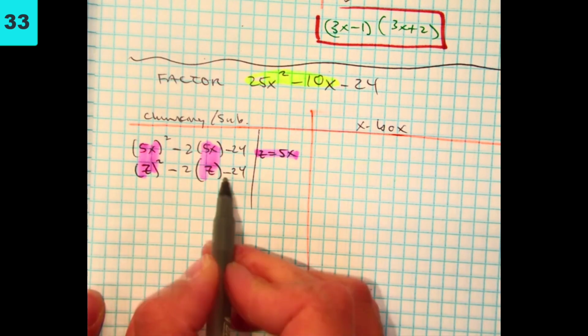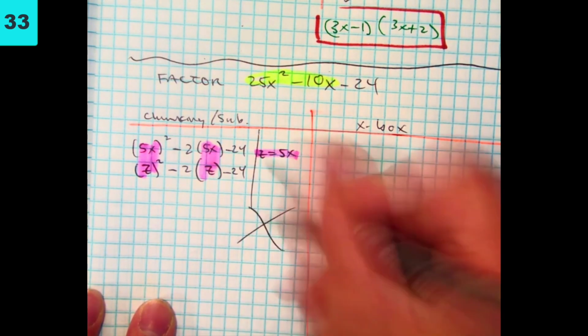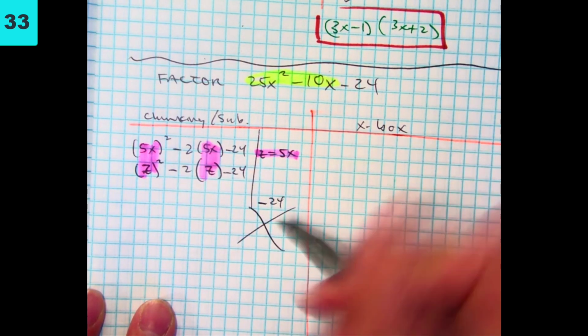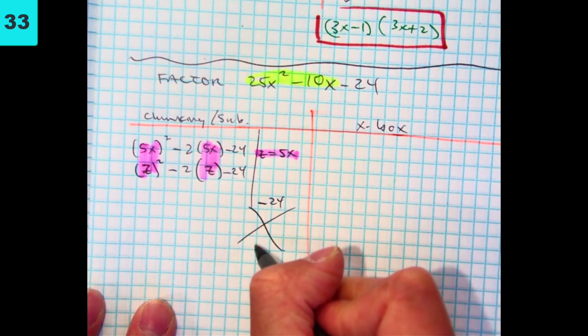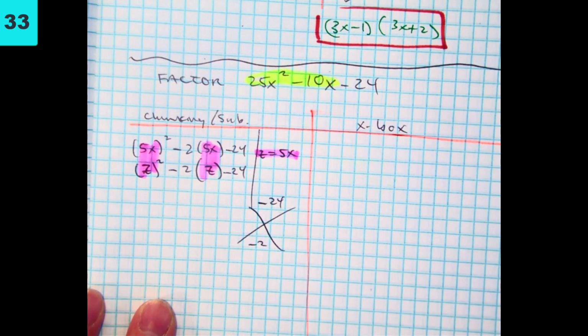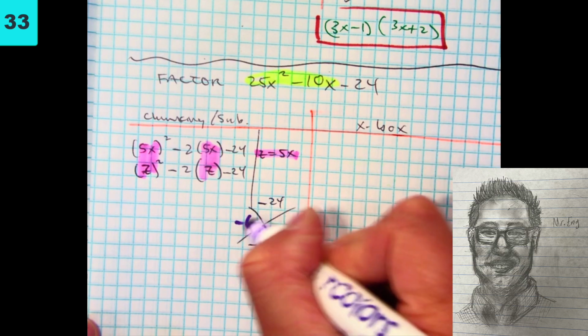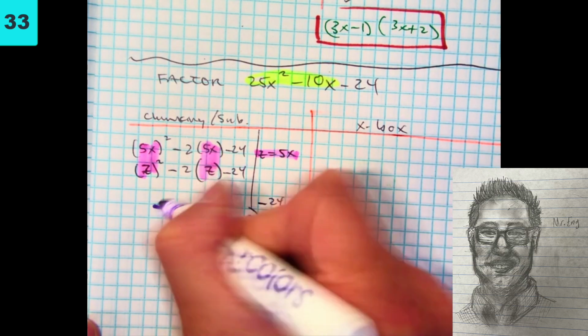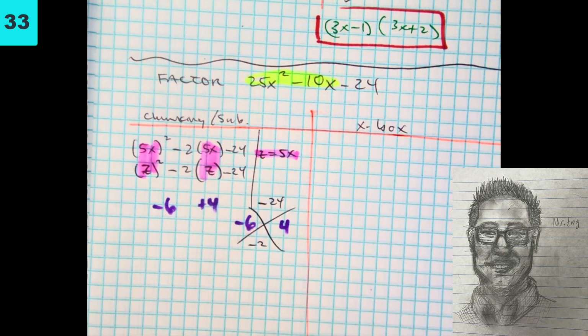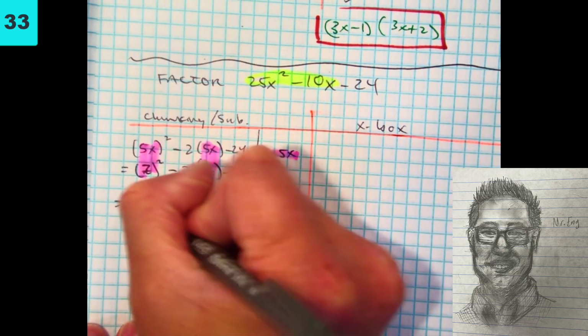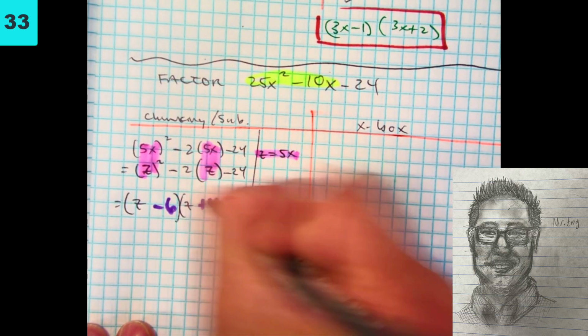And then you can just factor this. A times c is negative 24. Your b value is negative 2. What are the two numbers? So now I can write z minus 6, z plus 4.